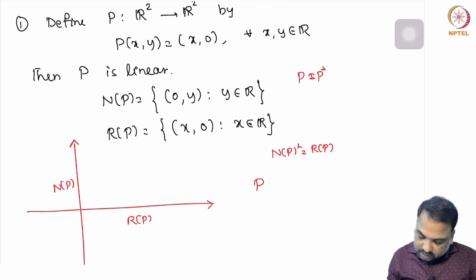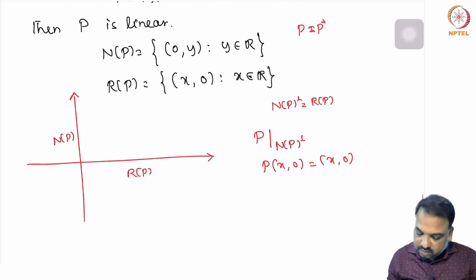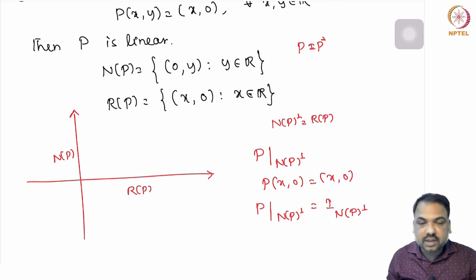So P restricted to null space of P perp, that means when we restrict P to the x-axis, it is of the form x comma 0, it sends x comma 0 to x comma 0 only. So P restricted to null space of P perp is the identity map onto the corresponding space. On the remaining space it is 0.